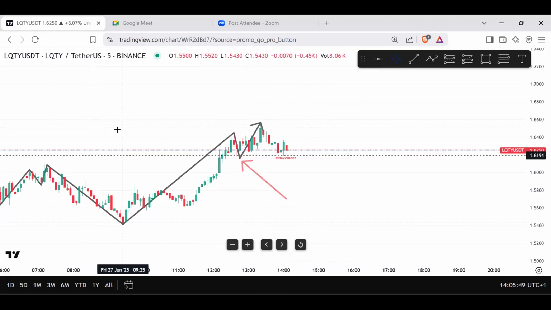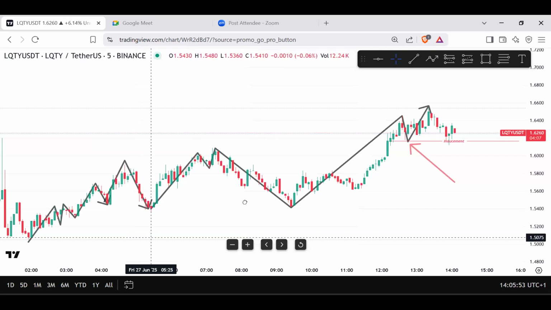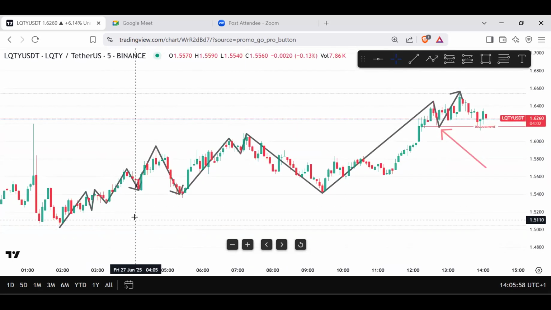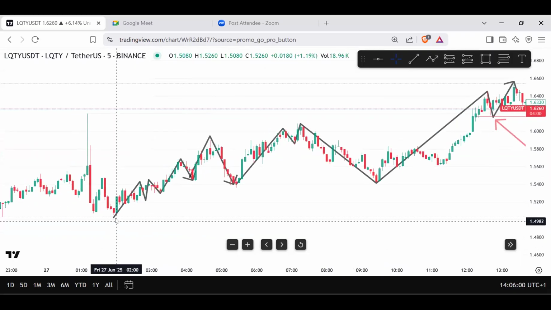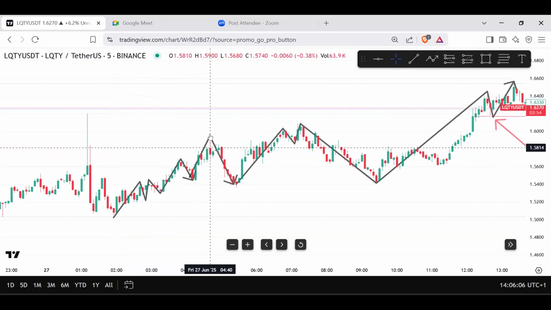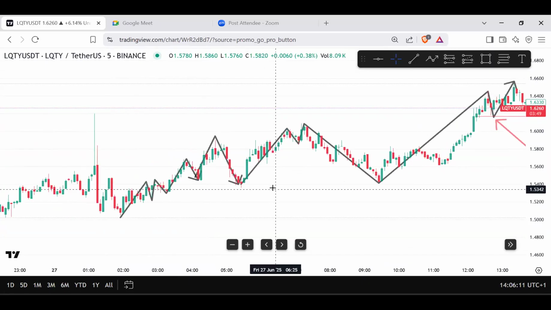I've not really given you an exercise on impulsive move and inducement. If you look at this chart, we had this impulsive move from here. It went like this. So how do we know that an impulsive move has ended?